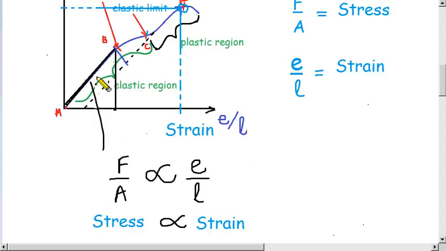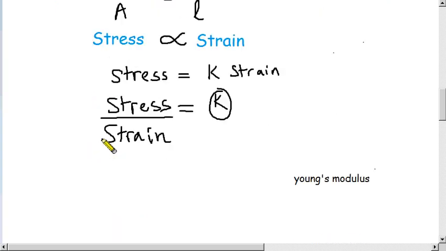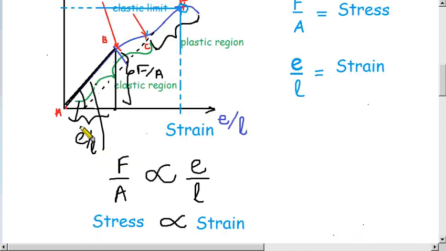That is the gradient of this graph, because this height is F by A, this length is E by L. So what we have now received, stress is F divided by A and the strain is E divided by L. So the gradient of the graph is constant. You can see everywhere up to this limit, the gradient is constant.